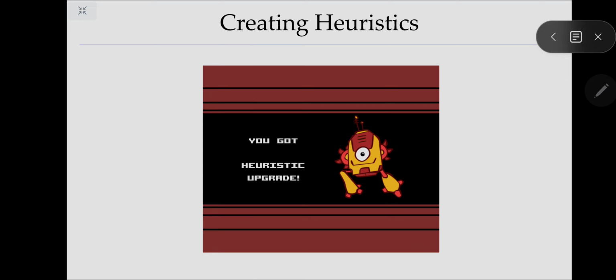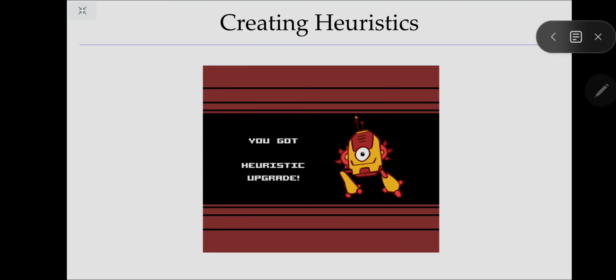Now, the last part of our lecture in this class is how to create heuristic. Creating heuristic, as you see, is the most challenging problem in the A* implementation.